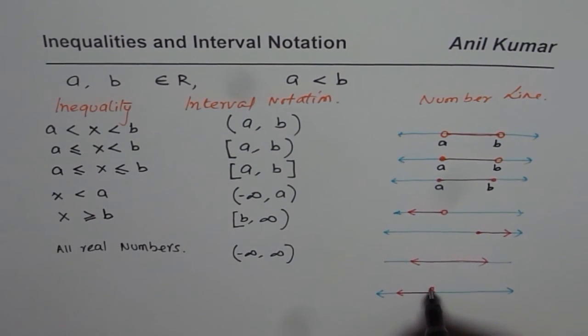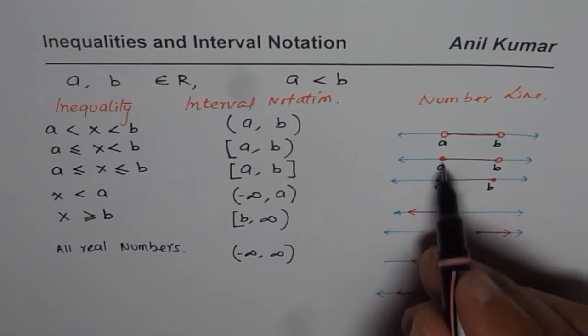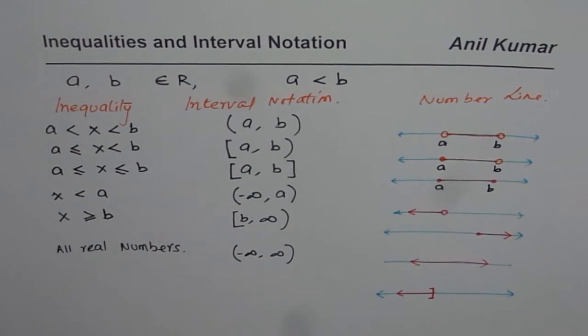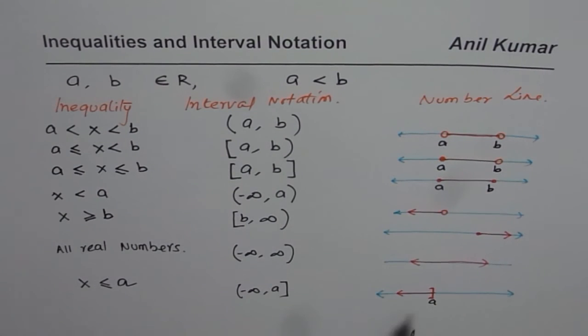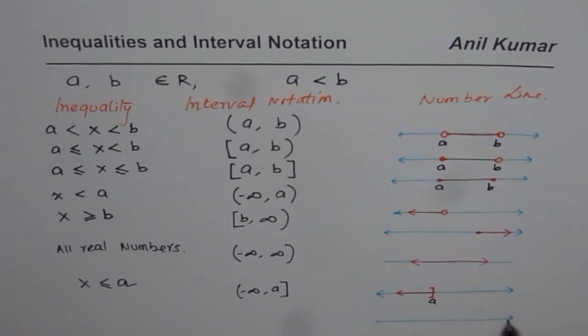So this closed bracket is as good as a filled-in circle. So it could be written as from minus infinity to a, where a is included. You get the point, right? So it is as good as writing x is less than or equal to a, correct? So that is how you could also use those closed and open brackets on the number line itself.